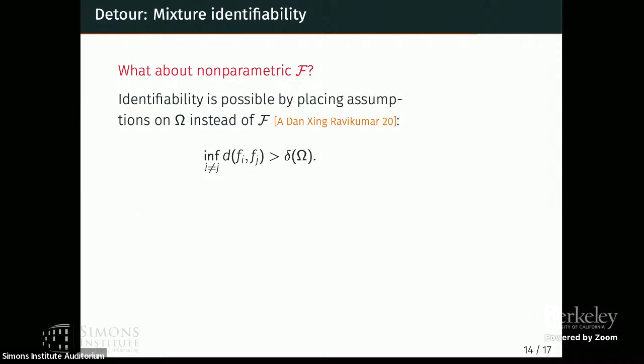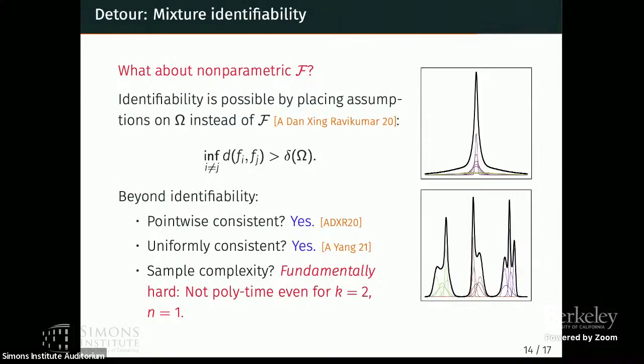Okay, so back to the Gaussian mixture model setting. There exist polytime algorithms for learning Gaussian mixture models, but there's a catch to these. The catch is the dependence on the number of components in the mixture is exponential.